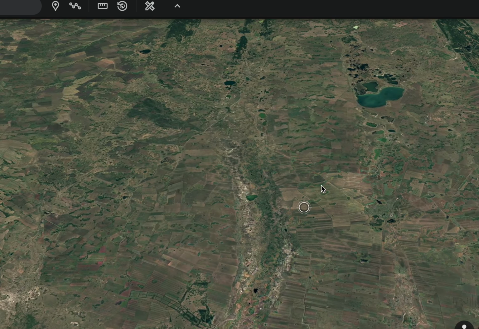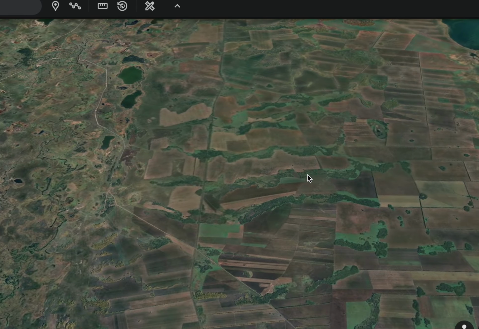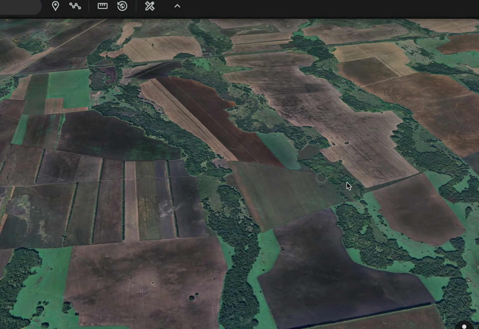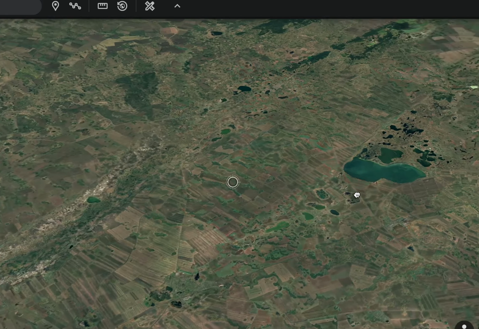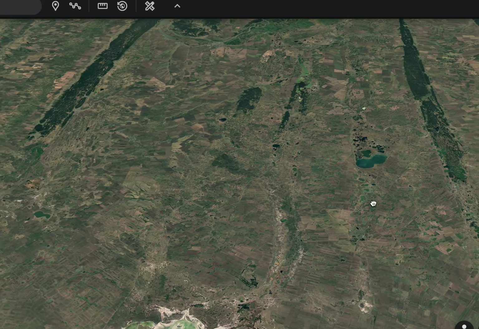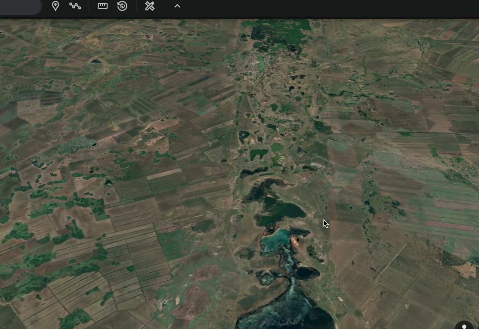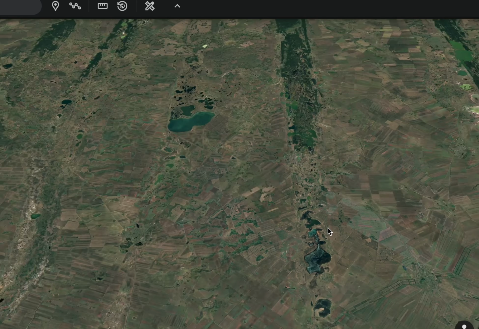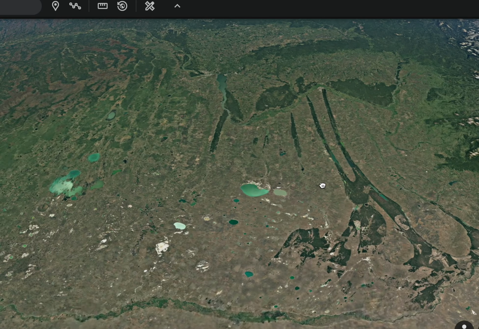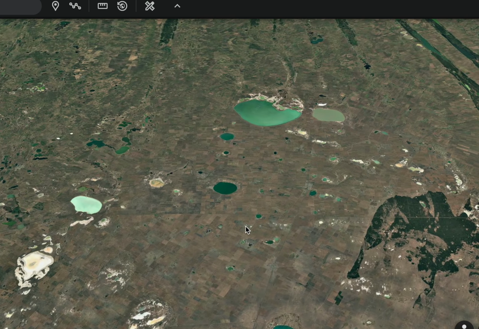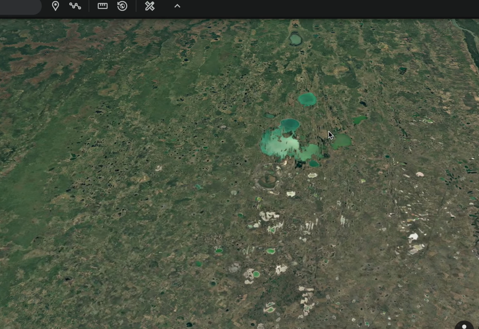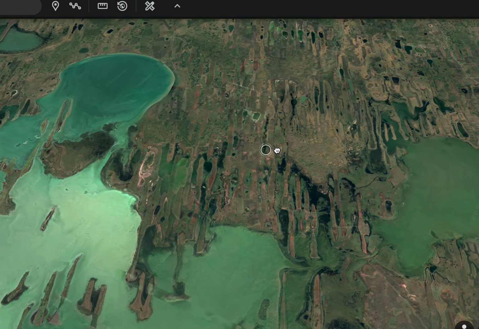Here's another example where you can see the ripples formed perpendicular to the water current. And we also see a bunch of circular lakes and drumlins.